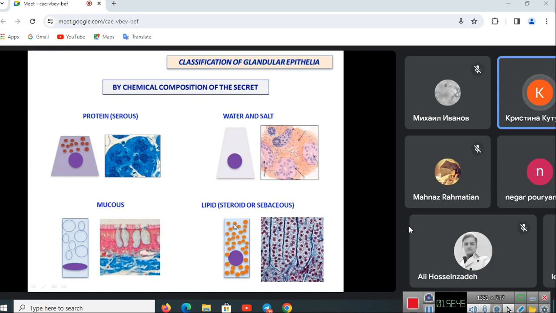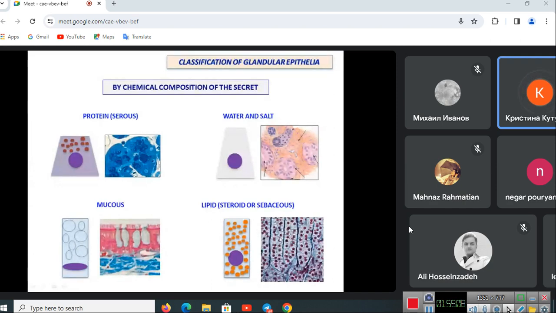Lipids are also not stained with either eosin or hematoxylin, so these vesicles are also non-stained. So such a cell also will have pale cytoplasm. Here you can see such cells. Only their nuclei are stained, but the cytoplasm is not stained.